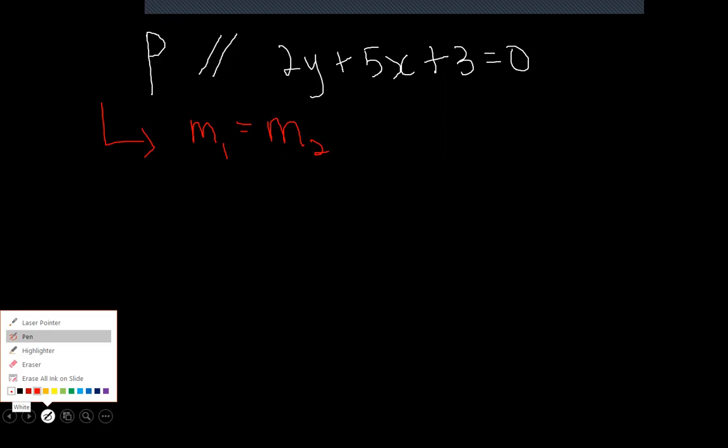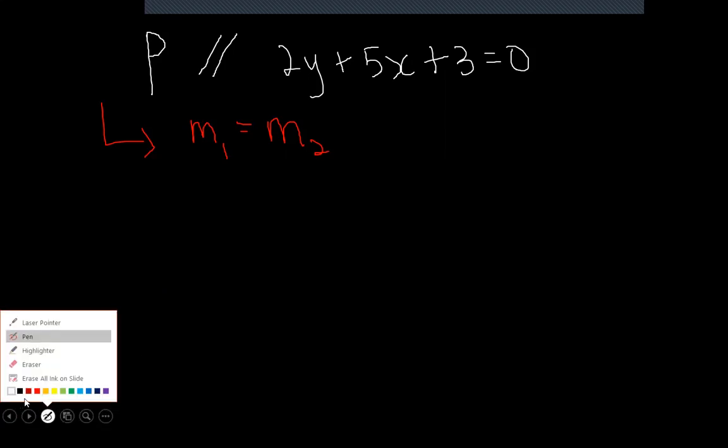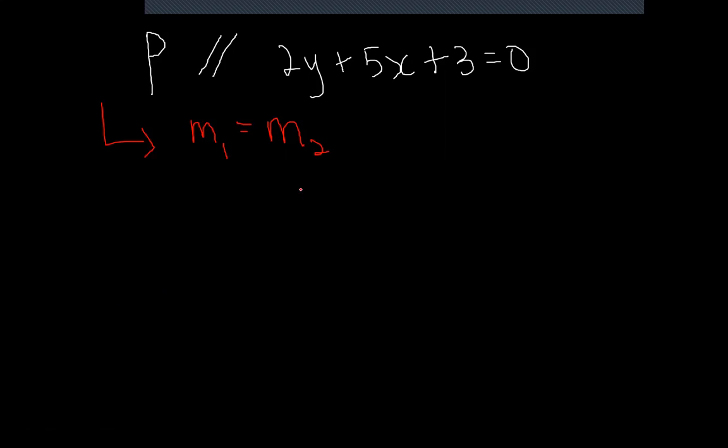So the gradient of P would be the same as the gradient of this line. So first we find the gradient of this line. Remember, we always need it in the form y is equal to mx plus c. That's the only way we can find the gradient.